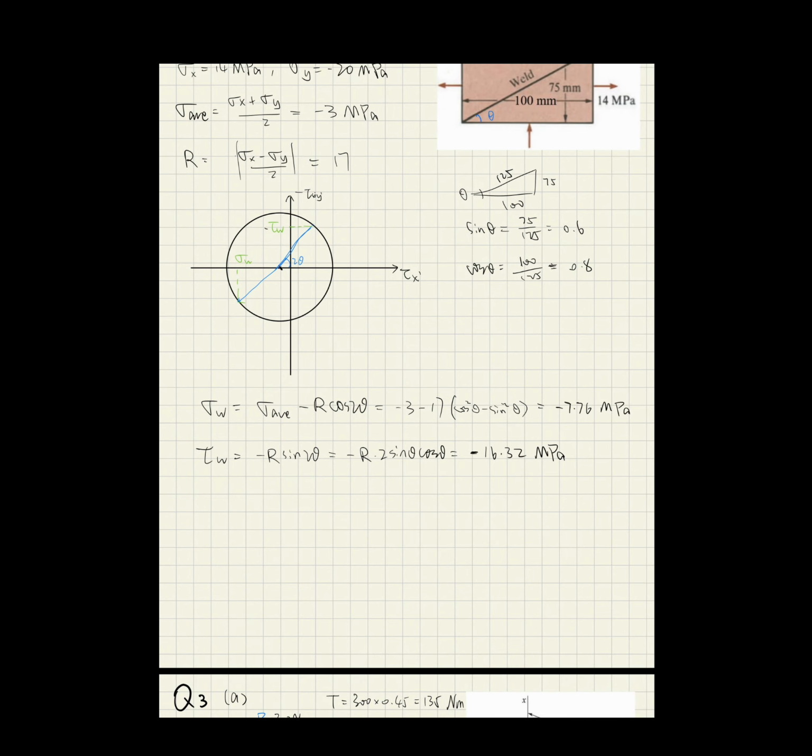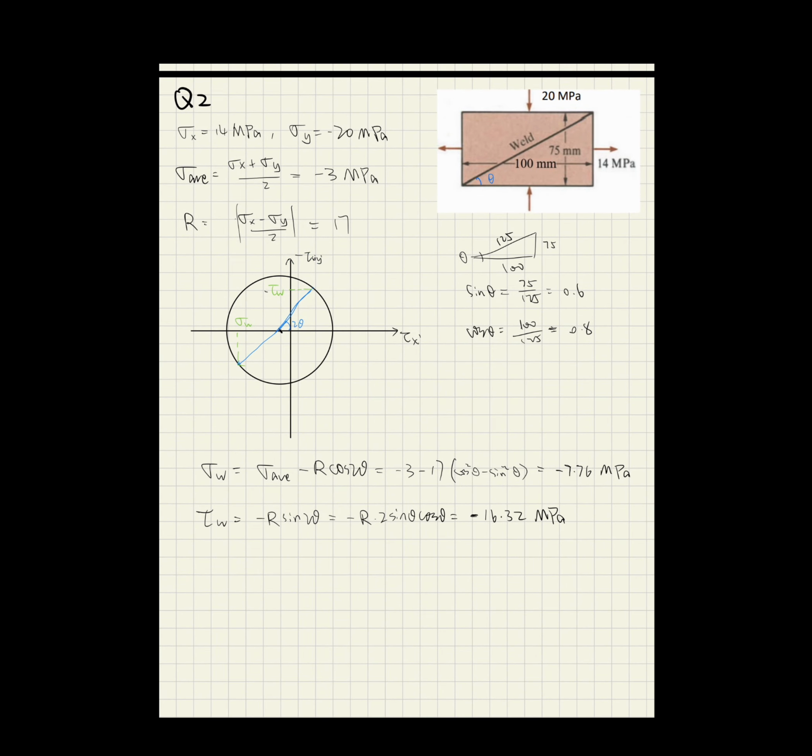Now before the end, we have a question to practice. This is also a 2D case where the original position is like this. On the x direction, we have a 14 MPa stress, and on the y direction, we have a 20 MPa compression stress. So write it down.